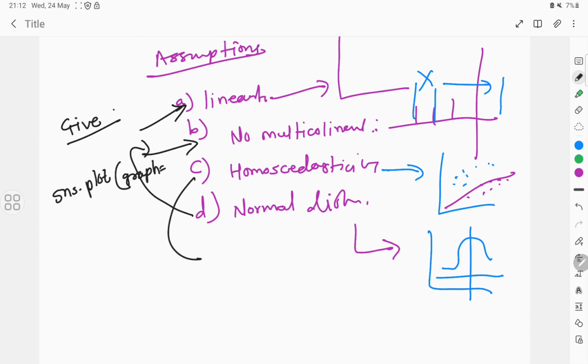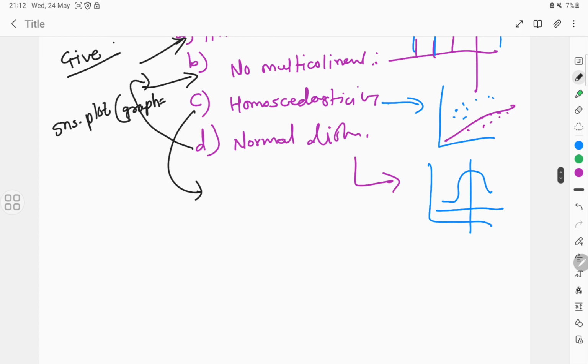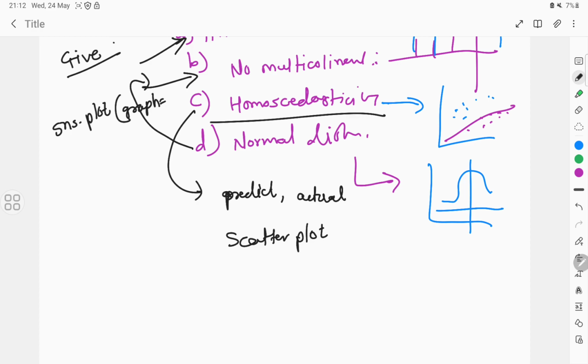Okay, for homoscedasticity you need to calculate the predicted value by the model and the actual or target value, and through a scatter plot you can visualize homoscedasticity.